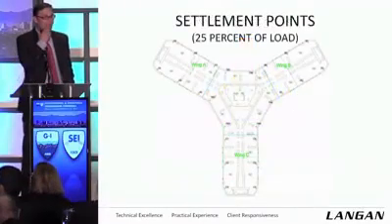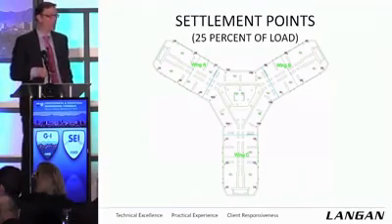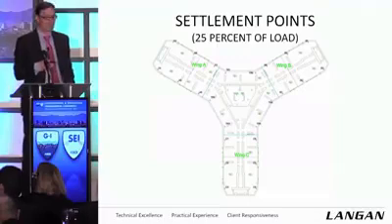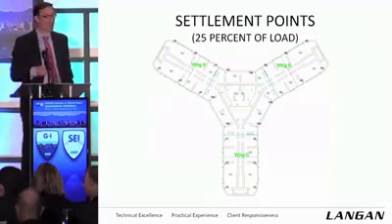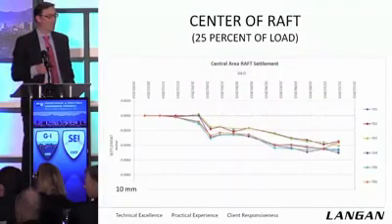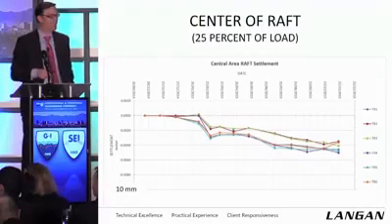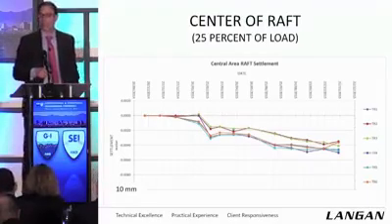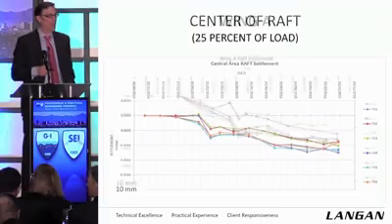And as Bob said, we're measuring structural performance of the tower as it's being constructed, and settlement points are being taken on the top of the raft. So this is at about 25% of the total gravity load on the raft. And that's at 10 millimeters at the bottom, not 100. So far we've got about 5 to 6 millimeters of movement for the center of the raft.